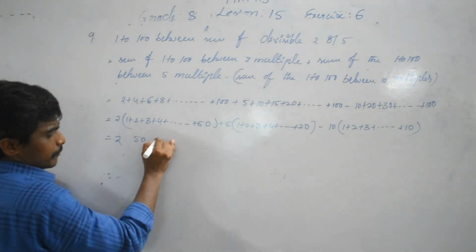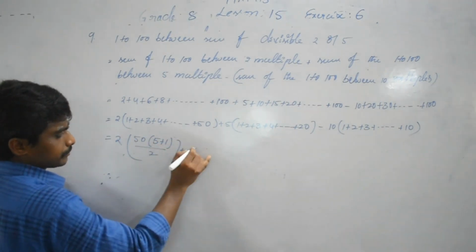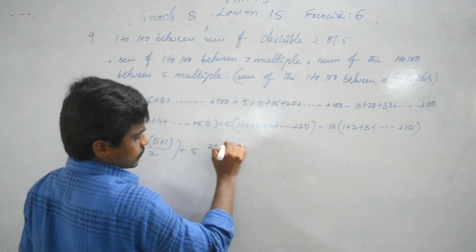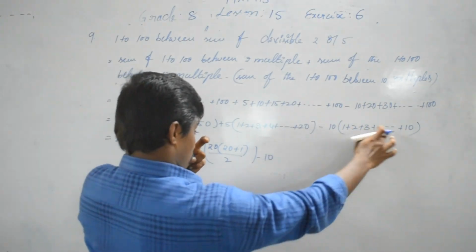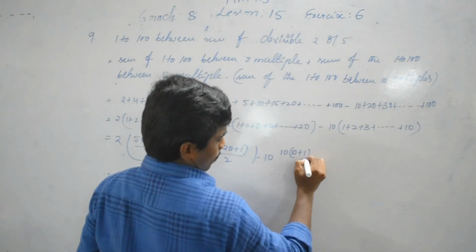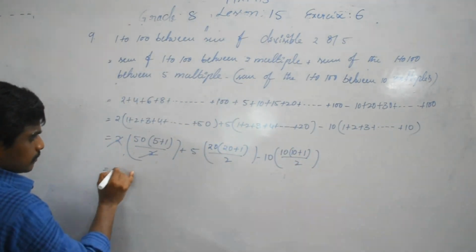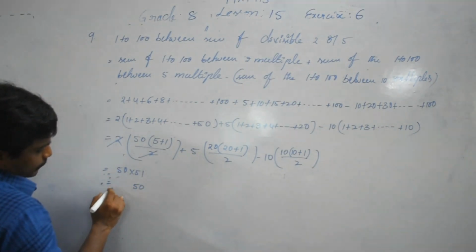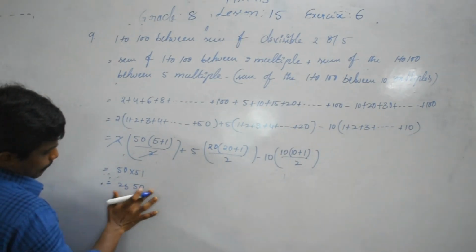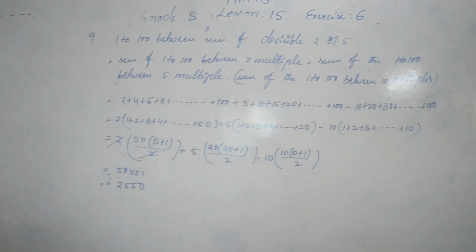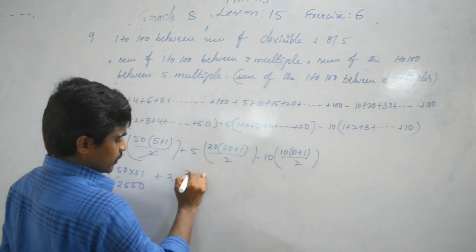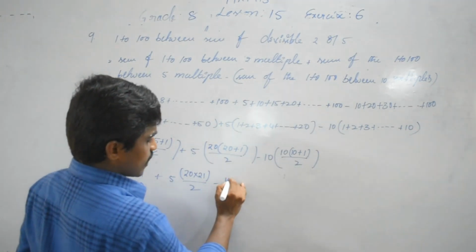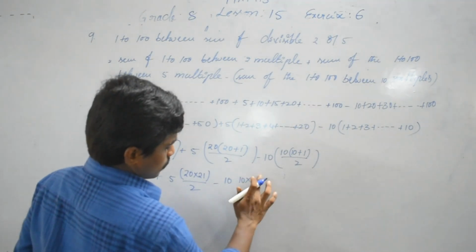So 2 times (50 times 51 by 2), plus 5 times (20 times 21 by 2), minus 10 times (10 times 11 by 2).